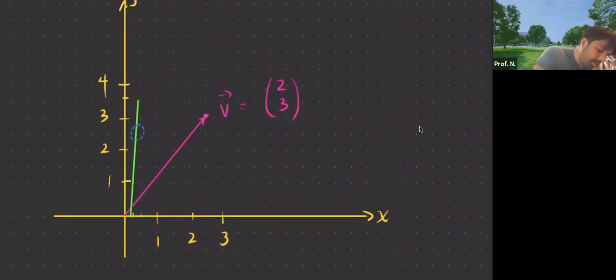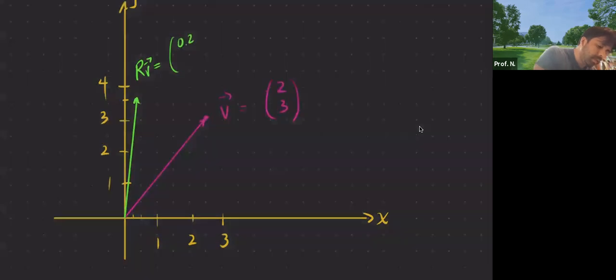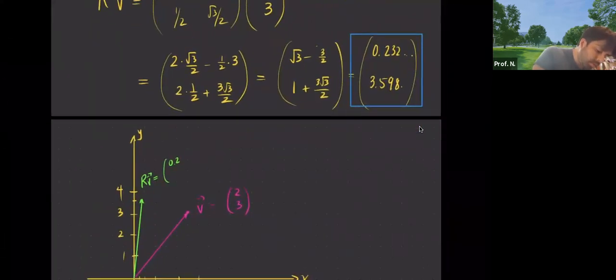Right, something like this. This would be the rotation of V, which would be around 0.232 and 3.598.